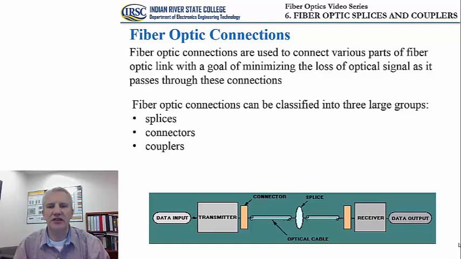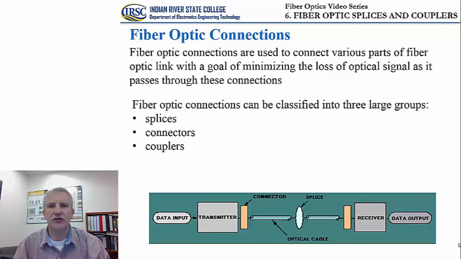Each fiber optic link has a transmitting side and a receiving side, and those fiber optic links may be covering very long distances, so very often the total length of a fiber optic cable may not be sufficient to cover the entire distance from the transmitting side to the receiving side.